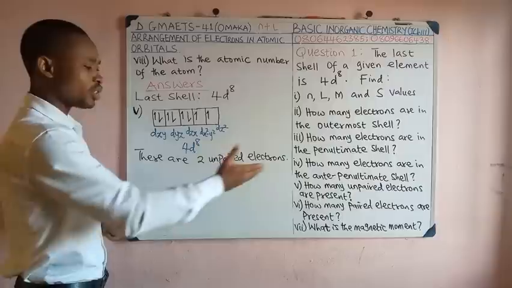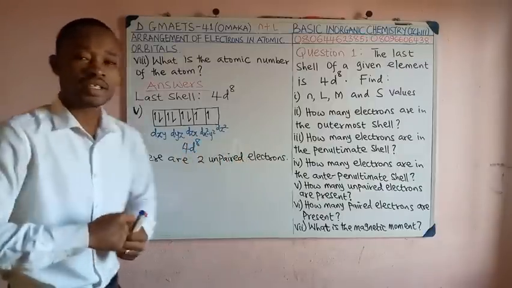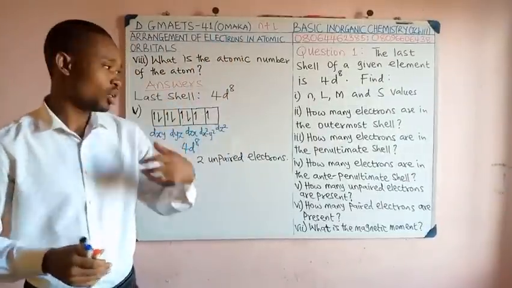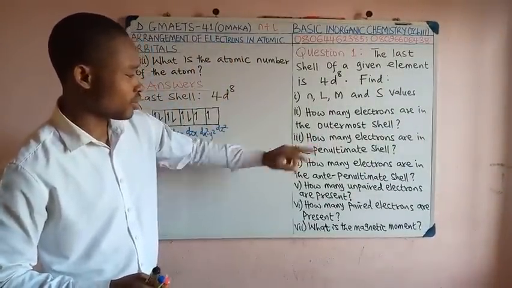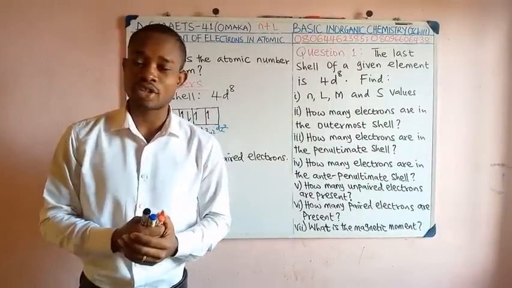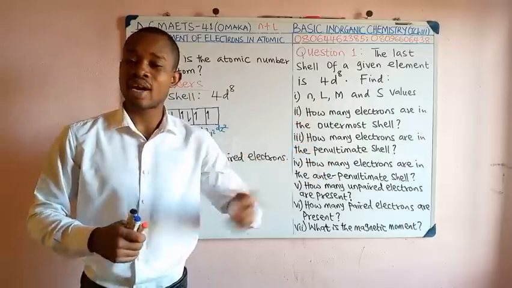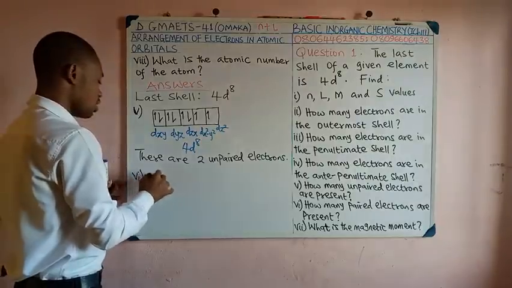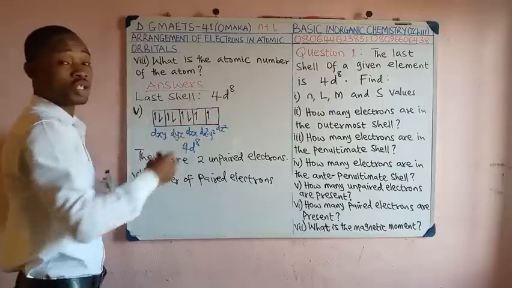Then, how many paired electrons are present? How do we get the number of paired electrons that are present? Of course, I'd like you to take your mind back to question number 2. We wrote out the electronic configuration of this atom, and the total number of electrons we have for this atom is 46.